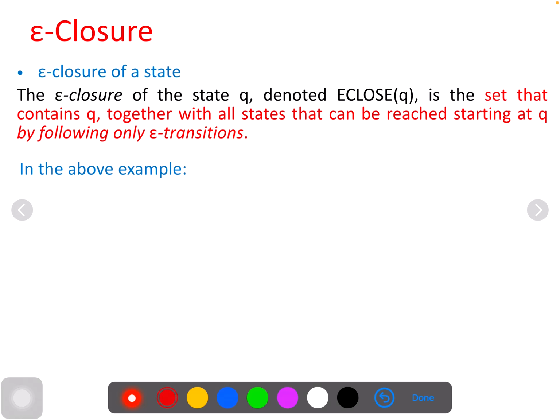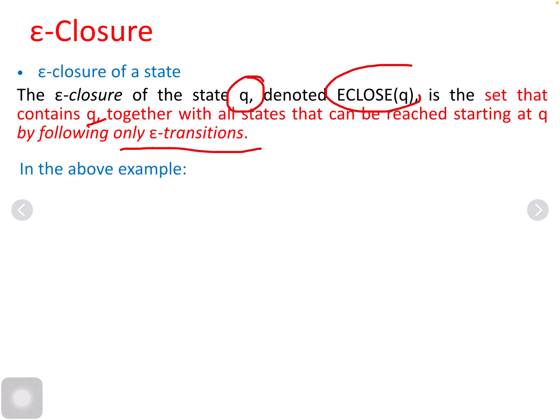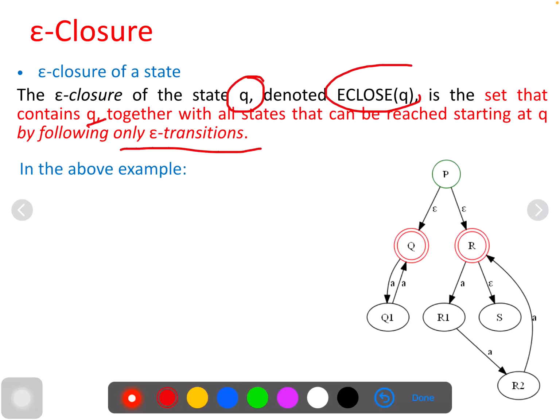The E-closure of a state, suppose Q, which is denoted like this, E-closure of Q, is a set that contains Q together with all states that can be reached starting at Q, following only epsilon transitions. Right? So that means E-closure is a set of states which are reachable from Q without taking any input.